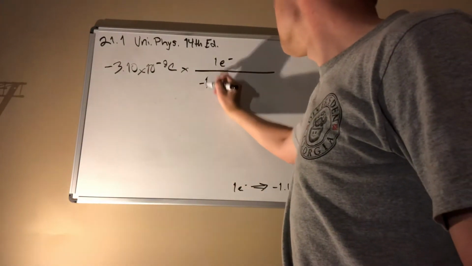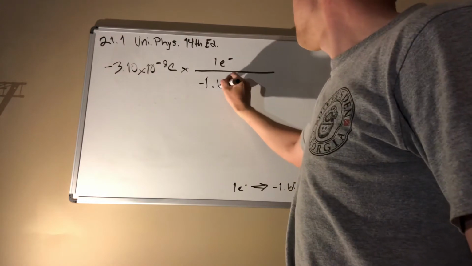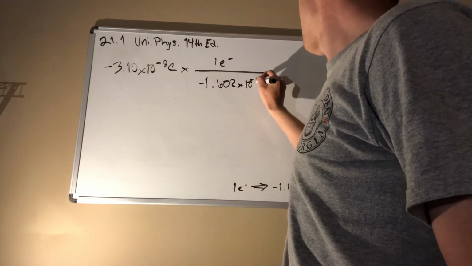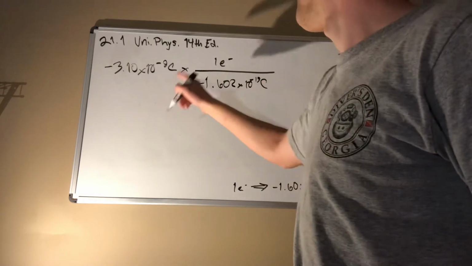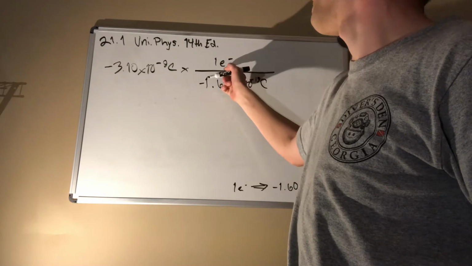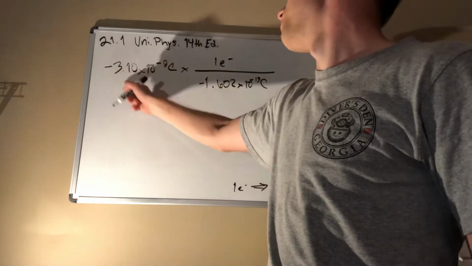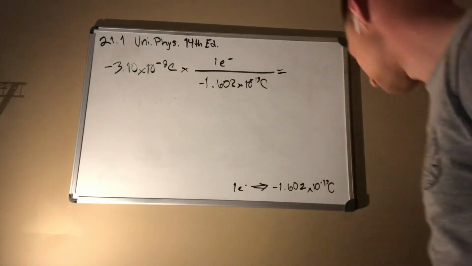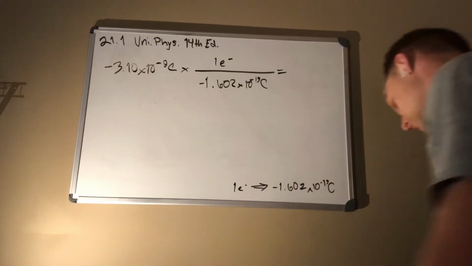and we are going to divide this by the amount of coulombs in a single electron, so that we get this number right here.